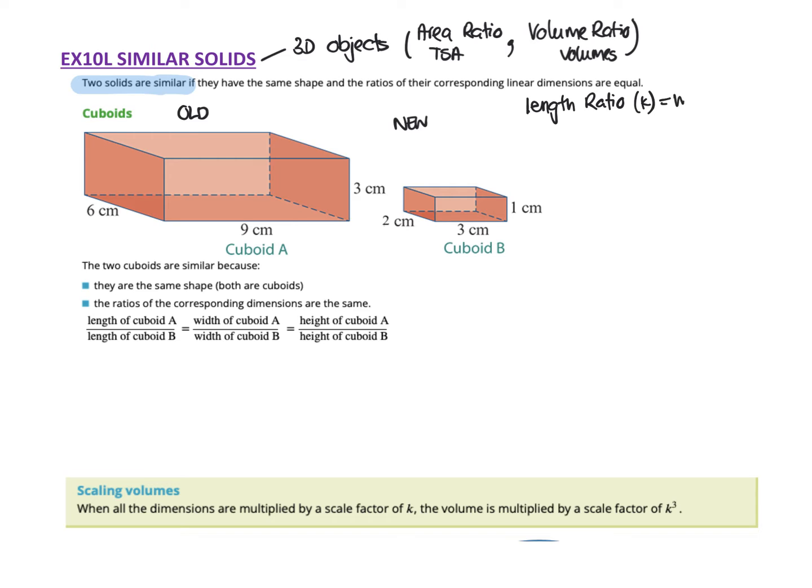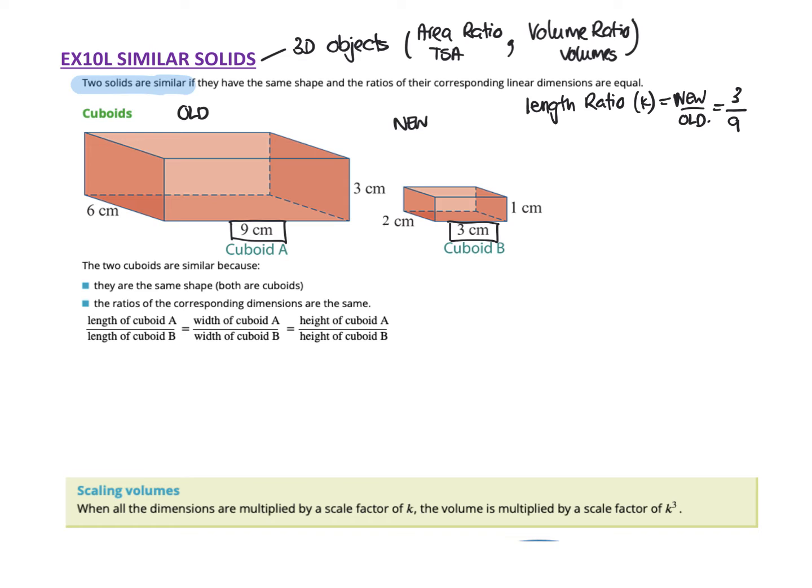Remember we say new over old. You have to compare the similar sides. So I'm going to pick the long side of the box, a length, and compare it with the long side on the smaller object. The new one is 3 and the old one was 9.